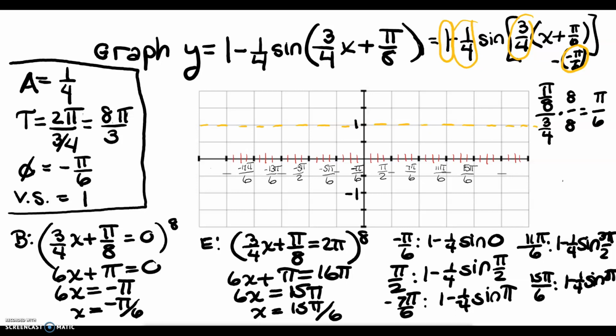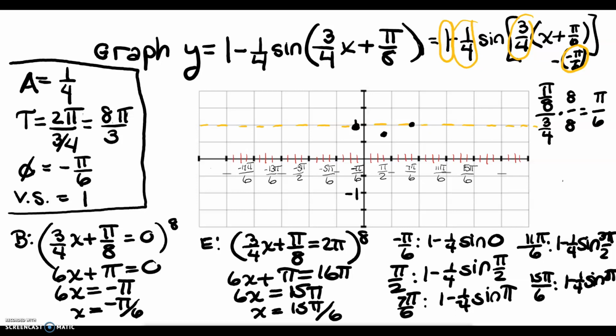So I know the sine of 0 is 0, so in this case I'll just get a 1 at negative pi over 6. At pi over 2, I know the sine of pi over 2 is 1, so I'll get 3/4 at pi over 2. And then at 7 pi over 6, the sine of pi is 0, so I'll get 1 again.